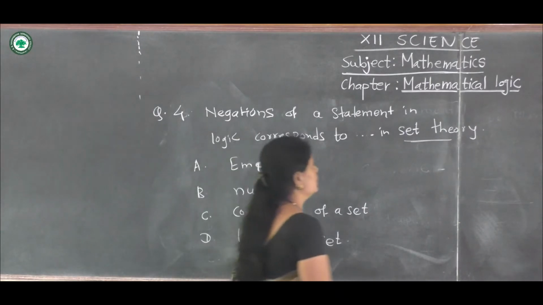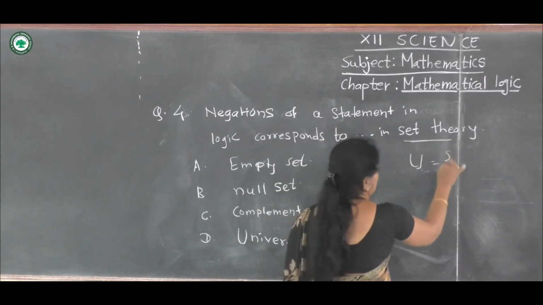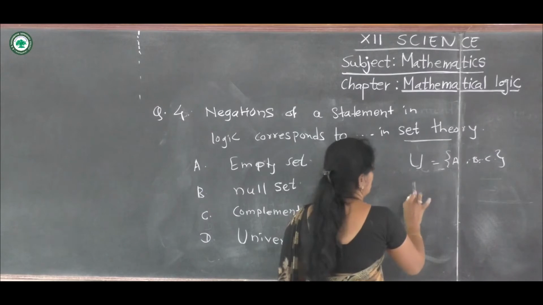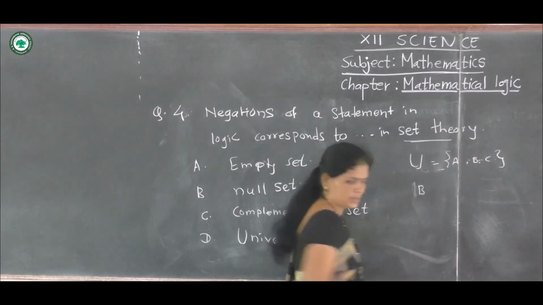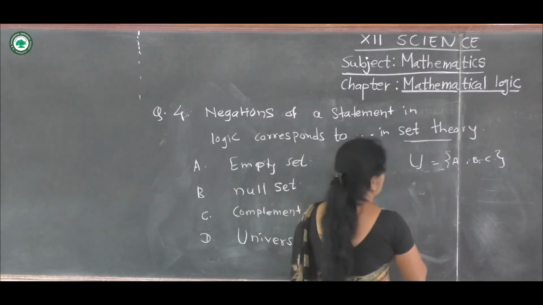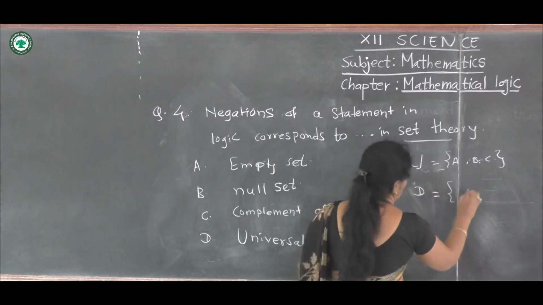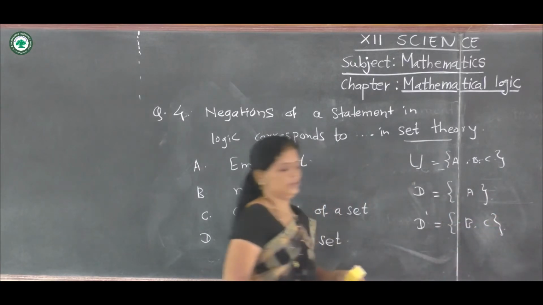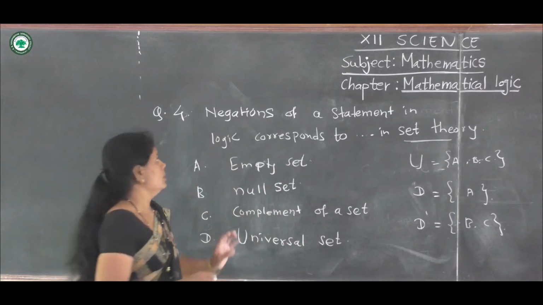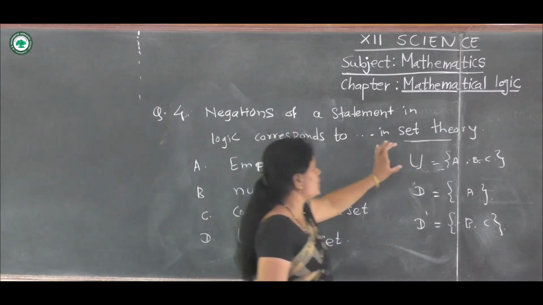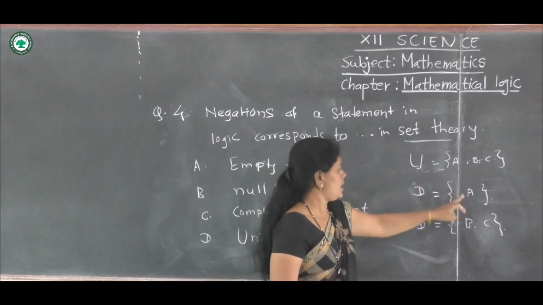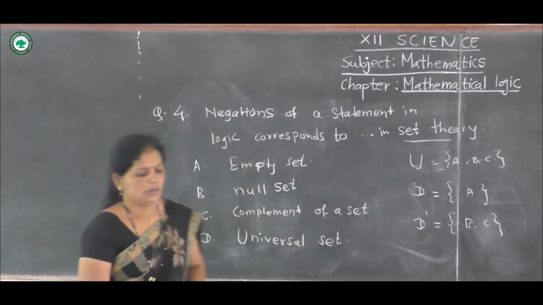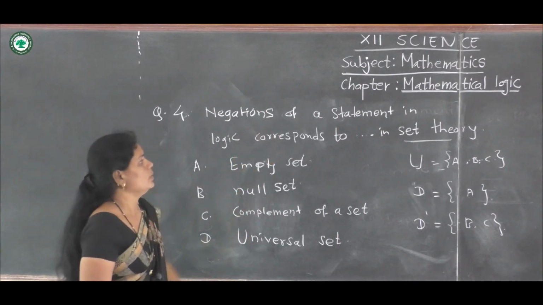In set theory, take a universal set with subsets A, B, C. Consider set D is A, then D complement is equal to B and C. Negation of a statement corresponds to the complement in the universal set.